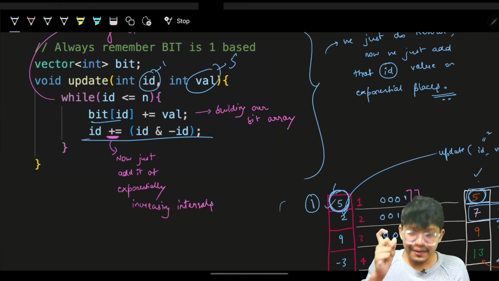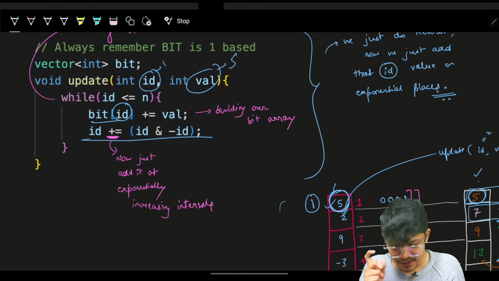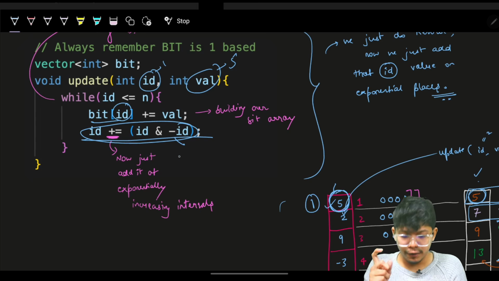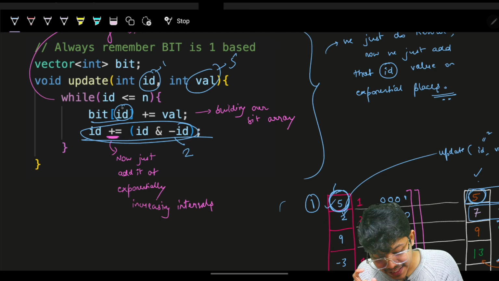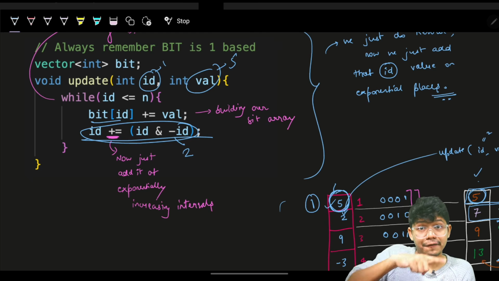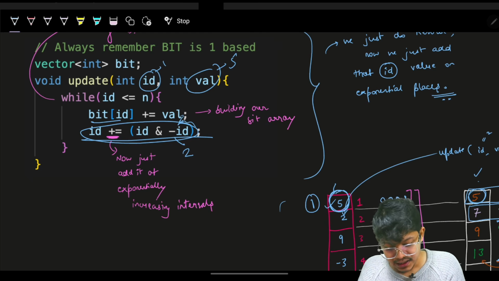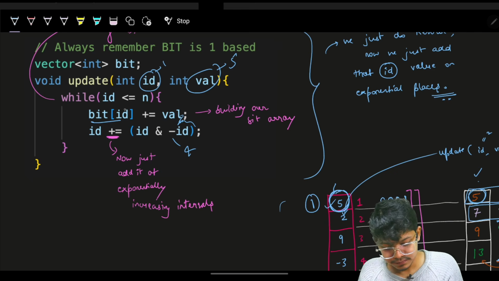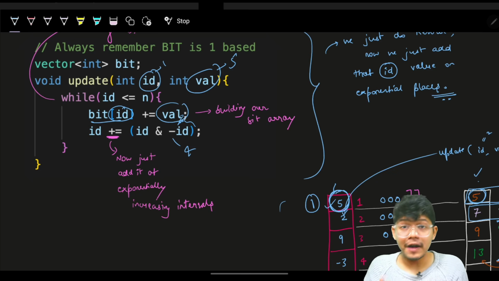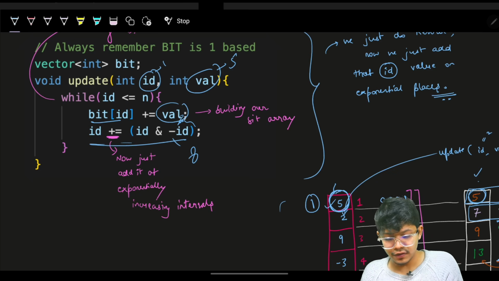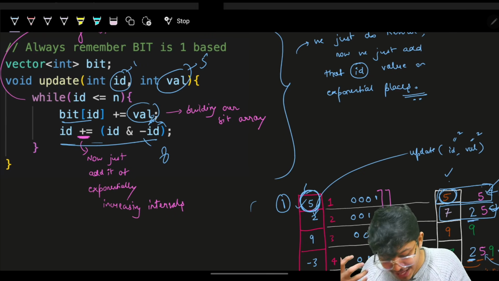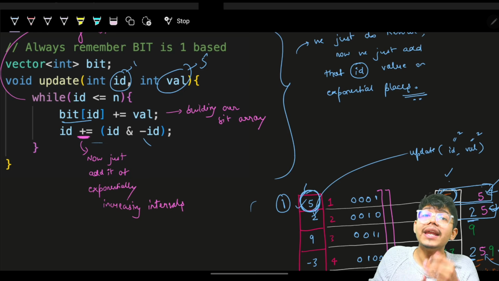So your 5 will be added to bit of 1, then the id value will become 2. At bit of 2, again the same value 5 will be added. At bit of 4, again the value 5 will be added. At bit of 8, again the value 5 will be added. And that is how your actual loop works and populates your bit values.